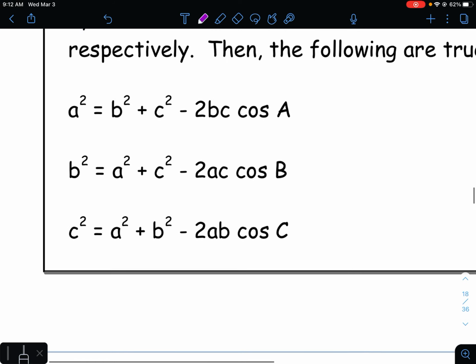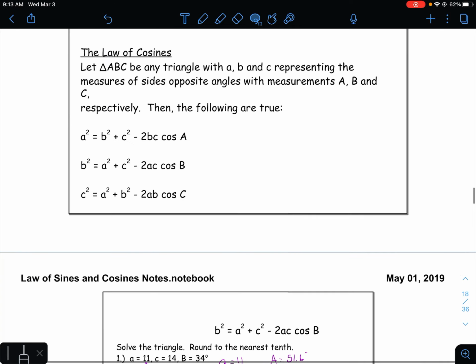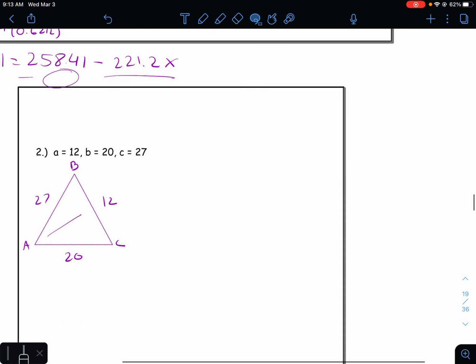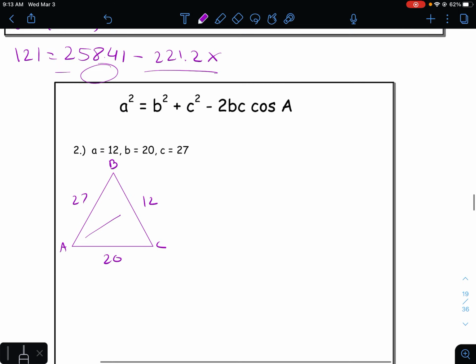In terms of figuring out which formula we use, it actually doesn't matter because we just need to solve for an angle. It doesn't matter if we decide to solve for angle A, angle B, or angle C. We can just pick one. Let's just do A because that's first. So we'll put this here, and let's try solving for angle A. 12, 20, and 27.